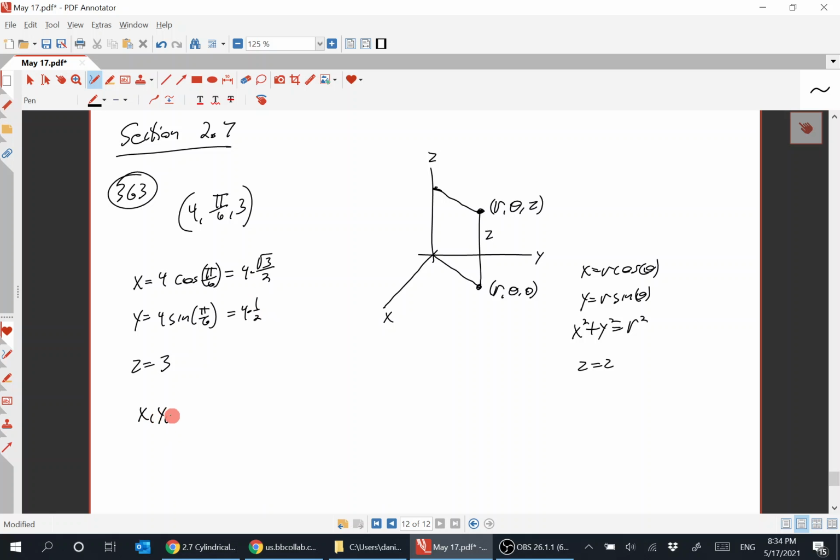So x, y, z is equal to 2 root 3, 2, 3. So we go from r theta z to x, y, z in the same way that we did before with calculus 2 in polar coordinates.